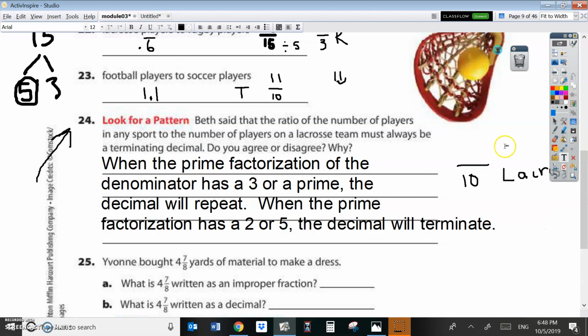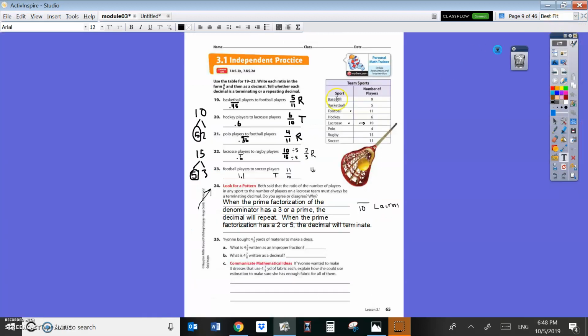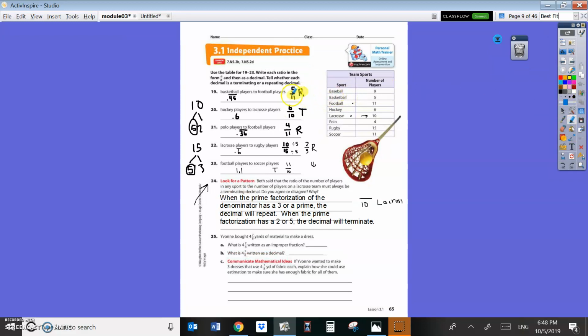So when the prime factorization of the denominator has a 3 or a prime, the decimal will repeat. When it has a 2 or a 5, the decimal will terminate. So look up at these examples again. Repeat, and it has an 11. It's a prime. Okay, those all repeat. But if it has, then those will terminate.